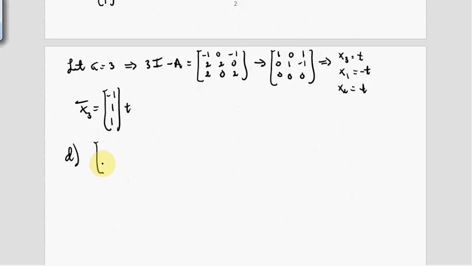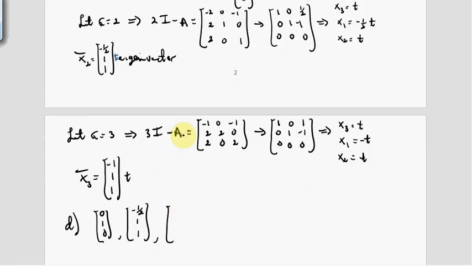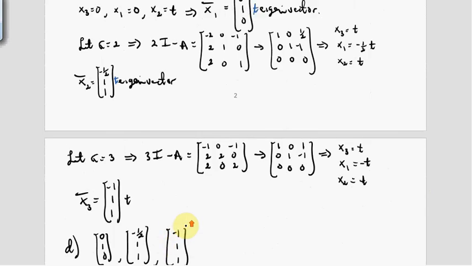The first one was 0, 1, 0. The next one we got was negative 1/2, 1, 1. And the third one we got was negative 1, 1, and 1. Make sure that's right. Yes.